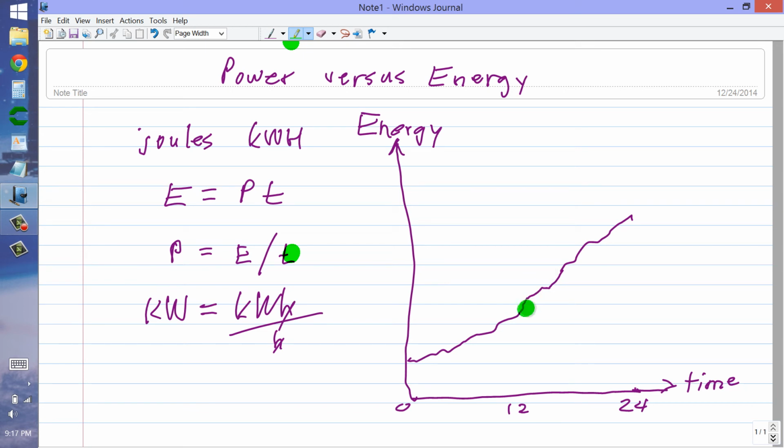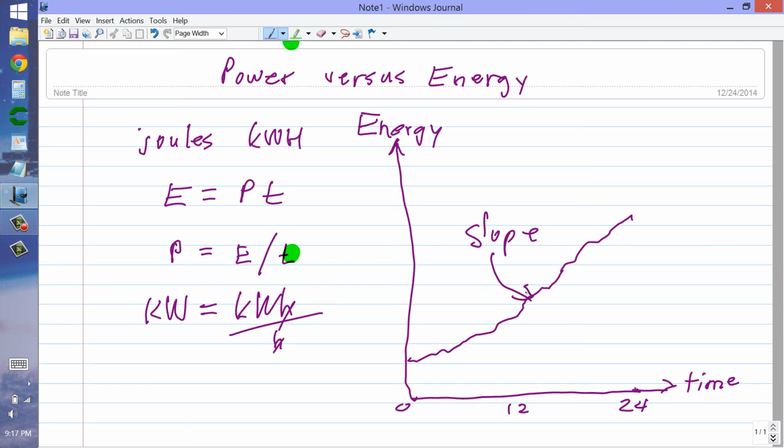When the curve is really steep, you're using relatively a lot of power. So that's how that works. Power is the rate at which energy is expended with respect to time. The greater the power, the steeper the slope on this curve.